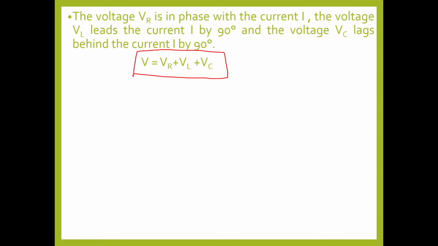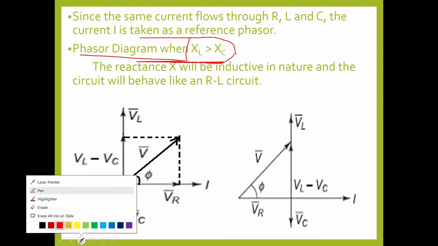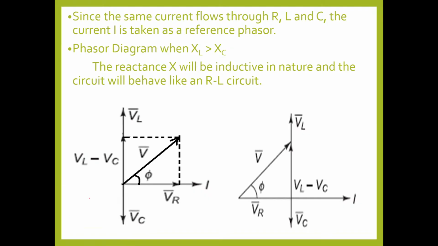As I have already told you in the previous session, usually XL will be greater than XC. So if you draw the phasor diagram, we will assume XL is greater than XC, meaning VL positive and VC negative.